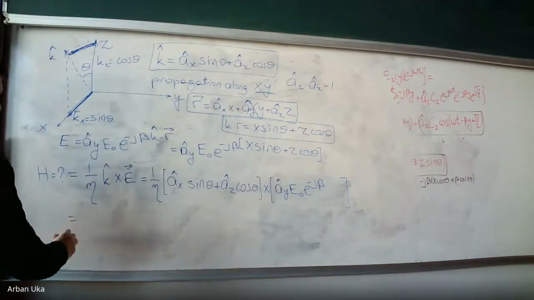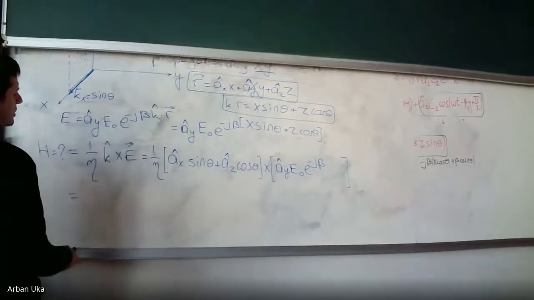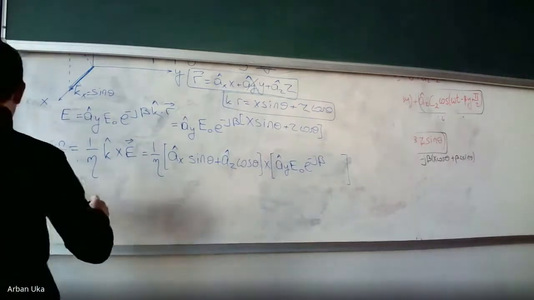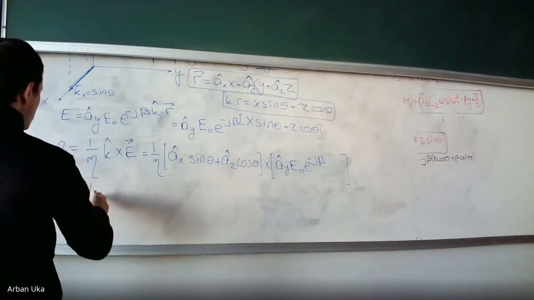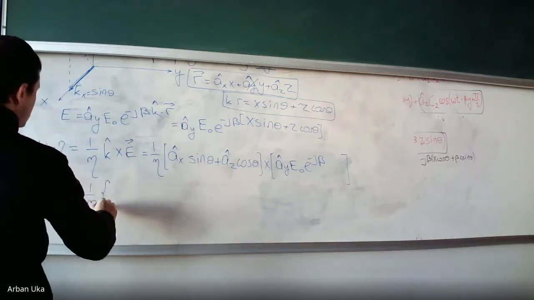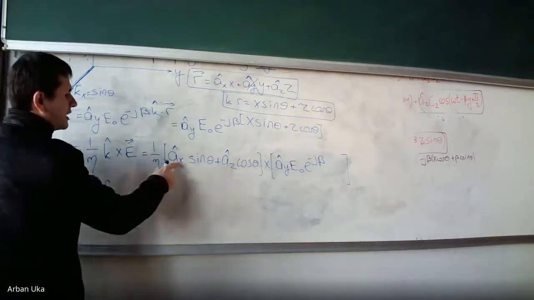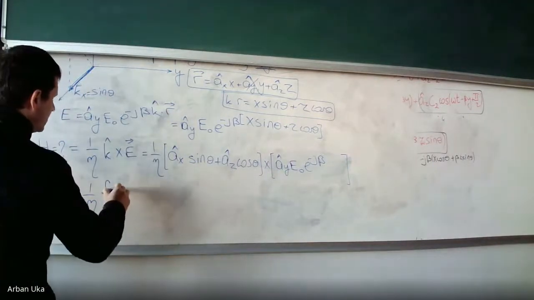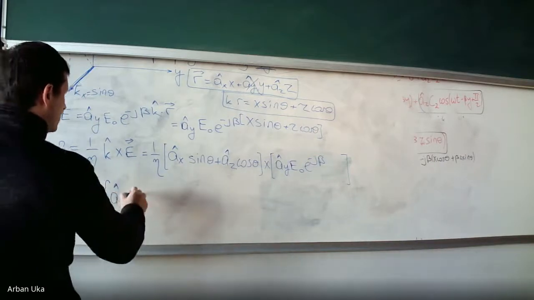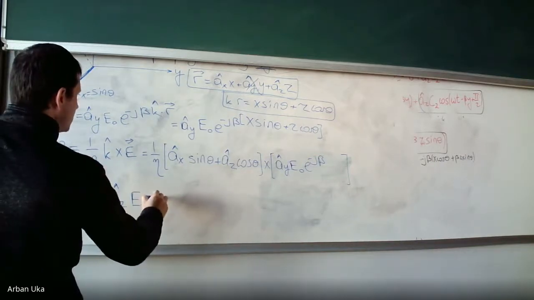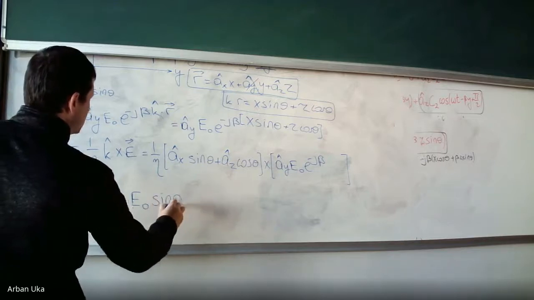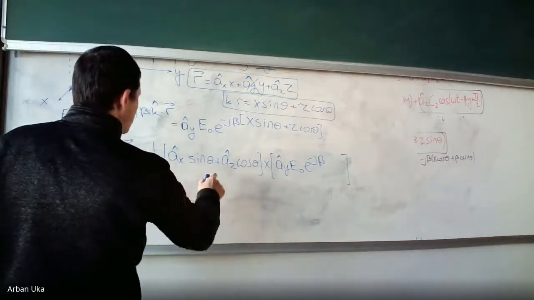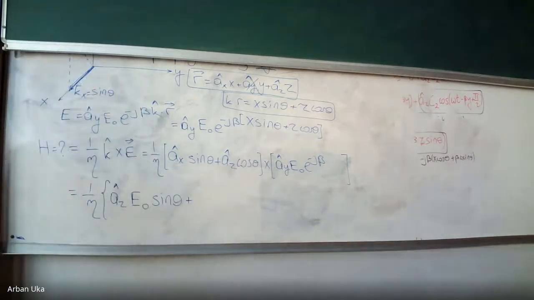So then, what is the h, or what is the direction of h? It looks like this direction of h is going to be the following. This is 1 over eta. Now, what is ax cross ay? We get az, right? We get here az E0 sine theta, okay, plus, what is az cross ay?